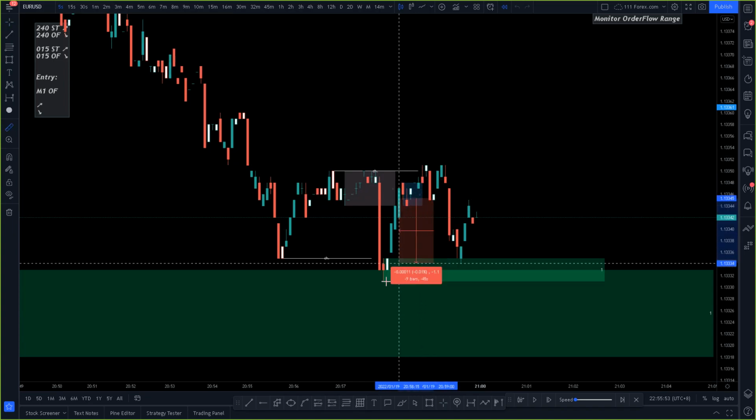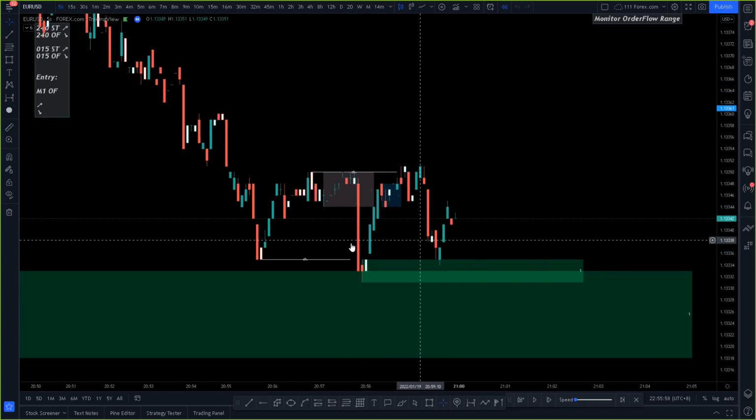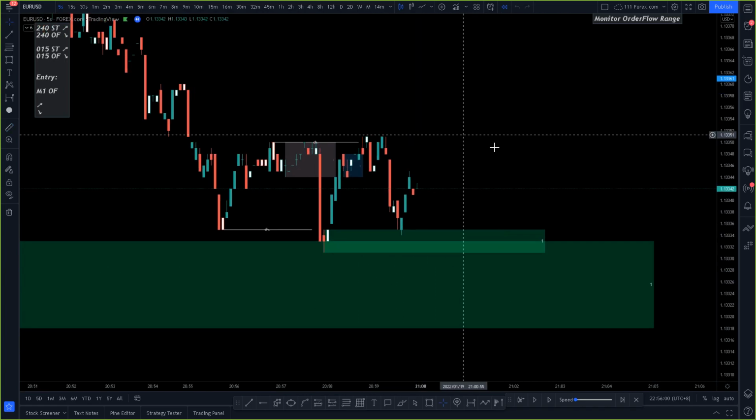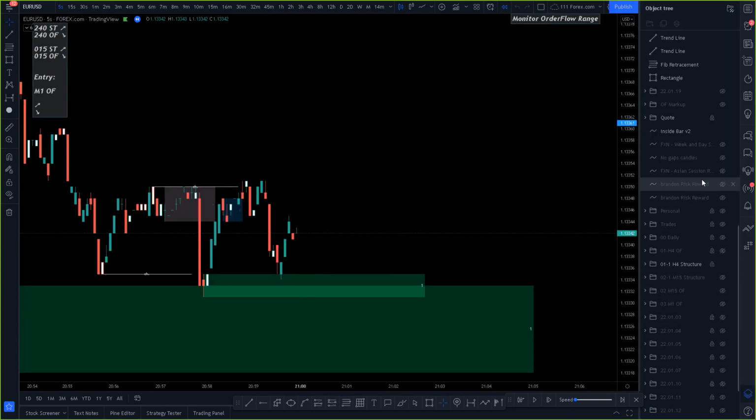So ideally I will enter here and put stop loss below here. That is valid, but who knows, it taps into here, and yep, that is the whole trade.